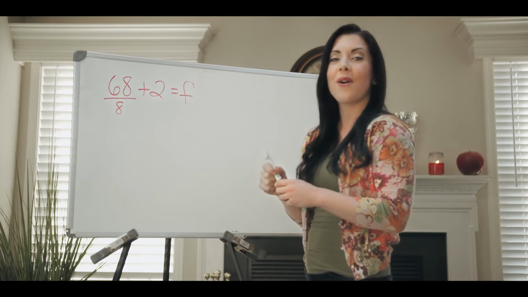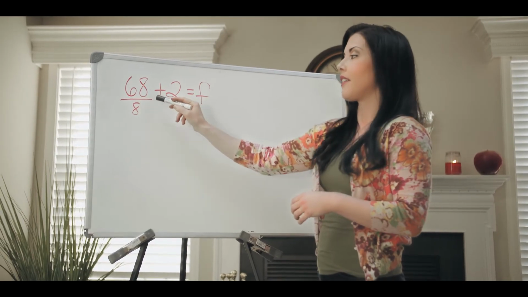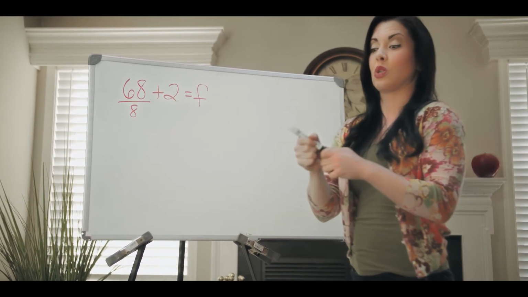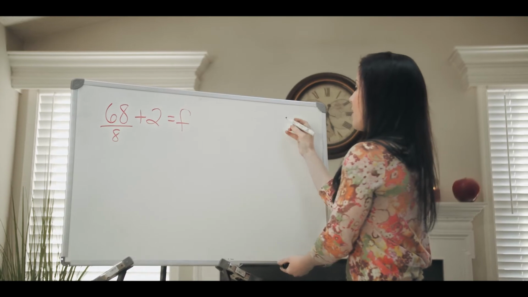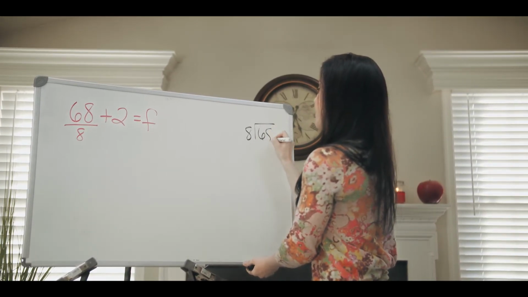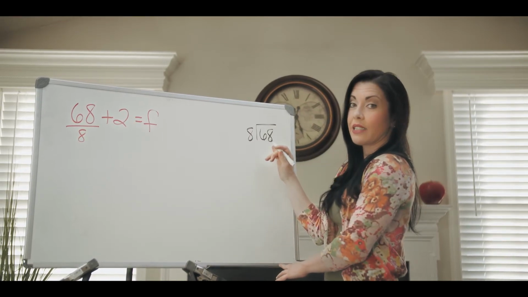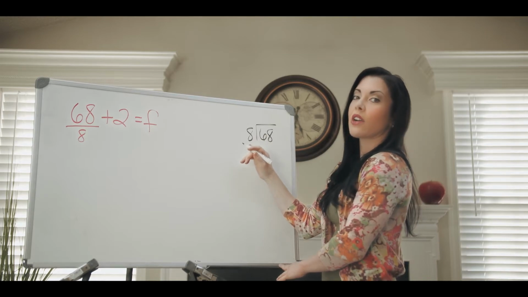Okay, so I know now I'm almost there. This means 68 divided by 8. Okay, so we're gonna do our work off to our side. 68 divided by 8. Okay, remember our 68 is our dividend and our 8 is our divisor.